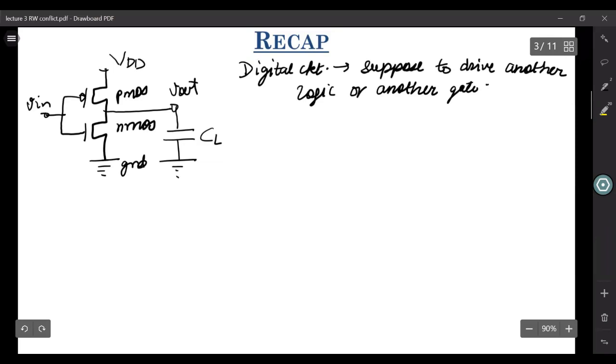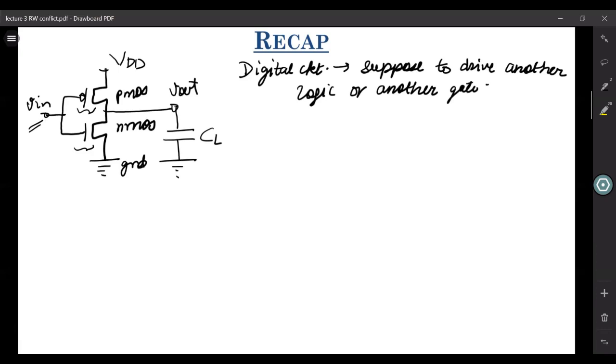What you see at the input of any gate such as an inverter is these two capacitances, the gate oxide capacitances of the PMOS and NMOS. So what you see at the output is a capacitance. This capacitance can be the intrinsic gate capacitance of the PMOS and NMOS, or, if it is a very large gate, it can be a sum of the input gate capacitances of the PMOS and NMOS circuits.